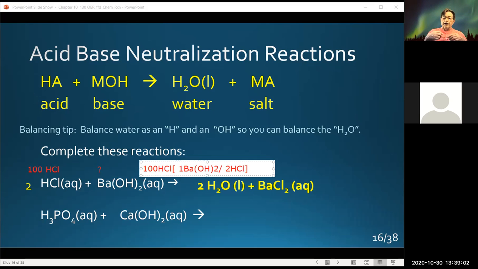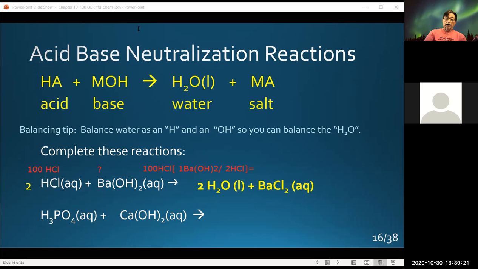Remember I said earlier that we call that a stoichiometric relationship between the proton and the hydroxide. It's a 2 to 1. So I put barium hydroxide in the numerator, because when I do the math, guess what?